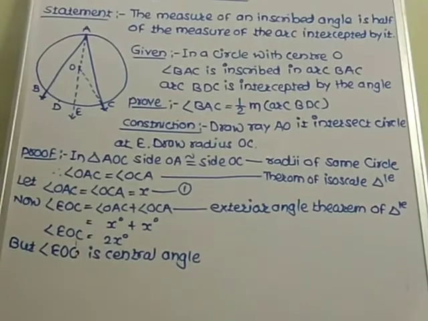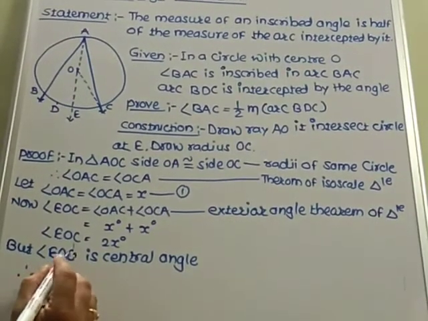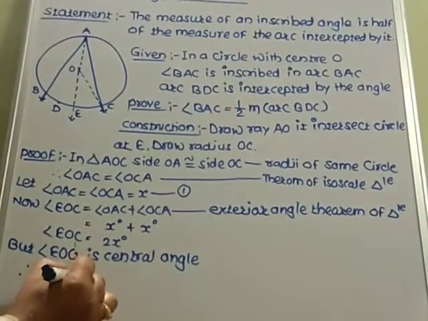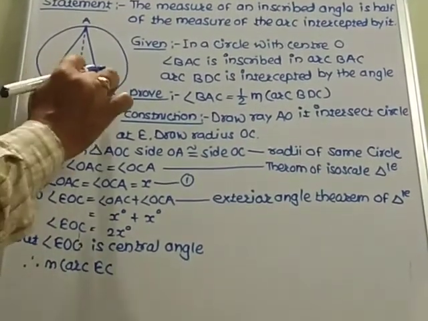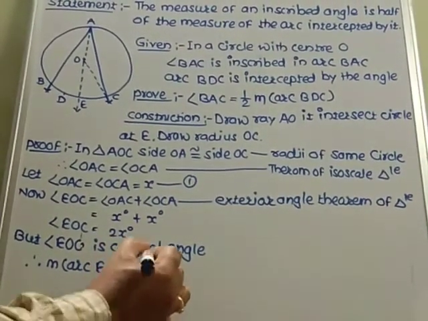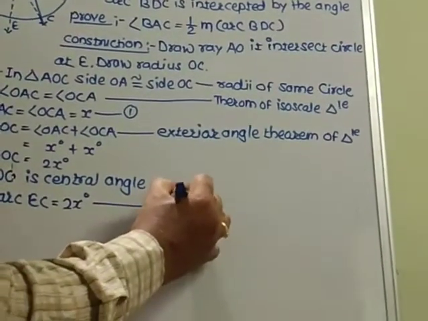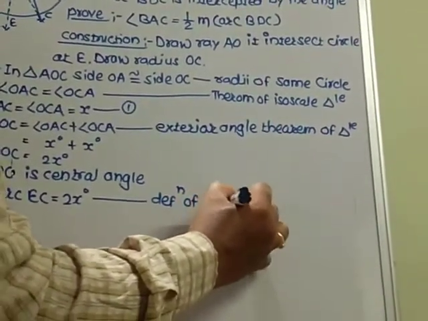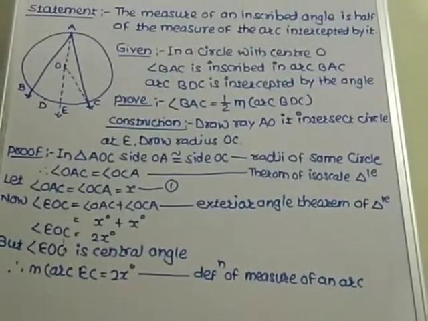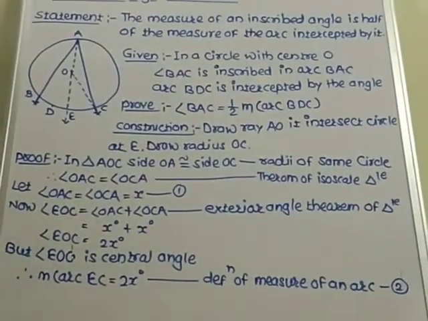Therefore, measure of arc EC, this E and this C, is equal to 2x because of the definition of measure of an arc. That is equation second.